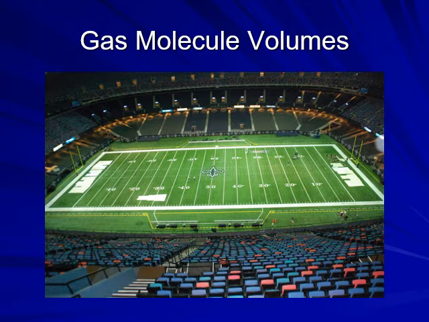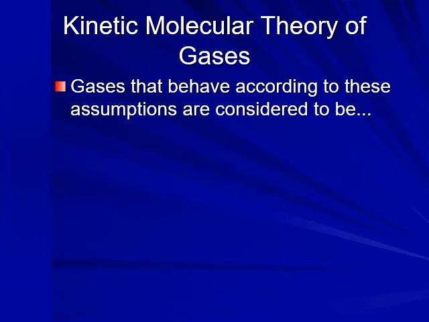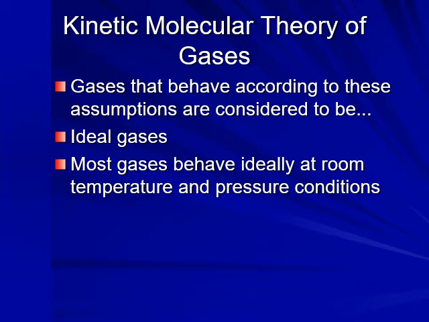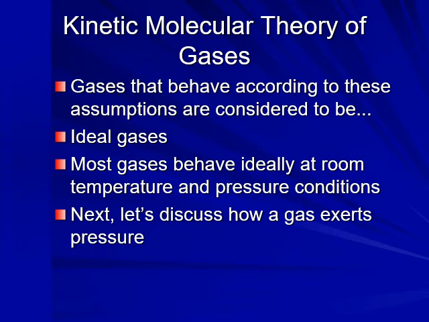This is what works for gas molecules. The volumes are negligible. So gases that behave according to these assumptions are called ideal gases. Most gases behave ideally at room temperature and 1 atmosphere of pressure.